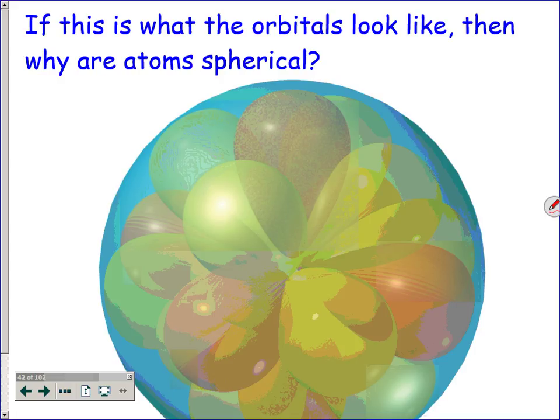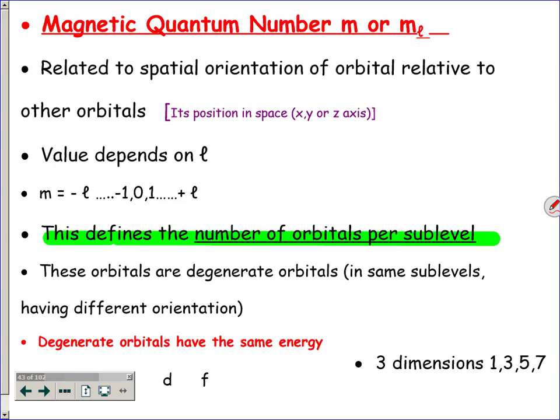This is theoretical. Okay. The magnetic quantum number, ML, describes which orientation you're actually talking about. So you might be in the P sublevel, but which of the P orbitals are you speaking of? So the ML number depends on the L number.